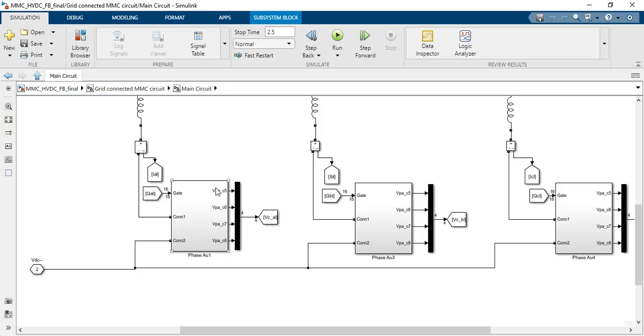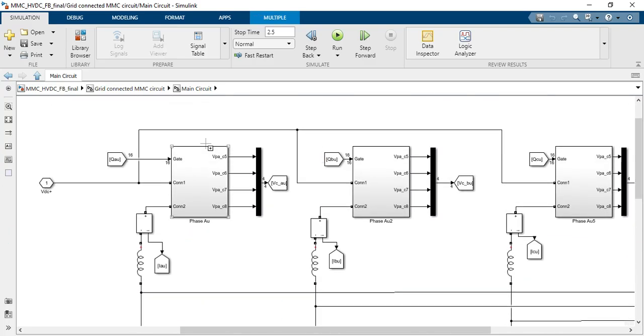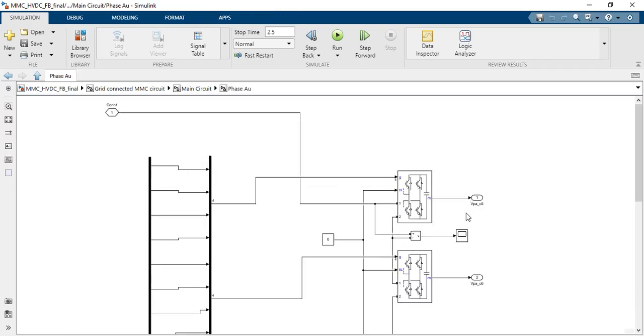So in each phase there are 8 submodules, 4 in the lower arm and 4 in the upper arm, and we are measuring their voltages through this measurement block. We are using a built-in full bridge submodule that is available in Simulink, right? You can see there are 4 switches and a capacitor. So this gate signal needs 4 signals so that you can operate this full bridge.